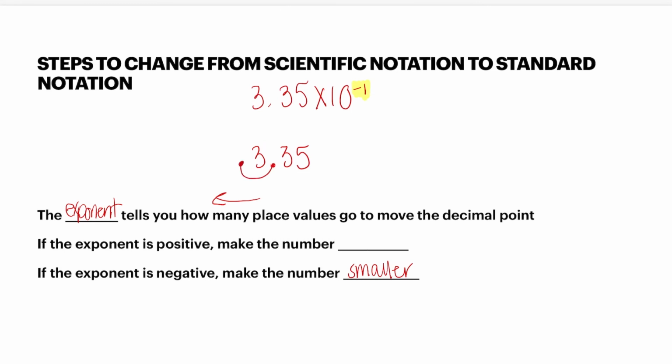Now here, we're going to make a new decimal. Our other numbers, since they were whole numbers that we ended up having, we didn't have to leave the decimal point. But here, when we're making them smaller, they're becoming smaller decimals. So our final answer is going to be 0.335.